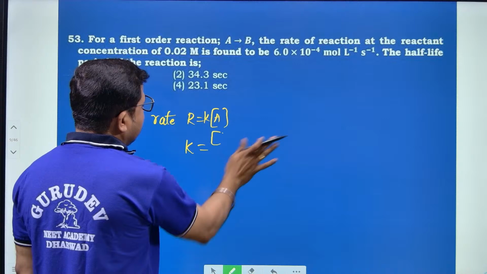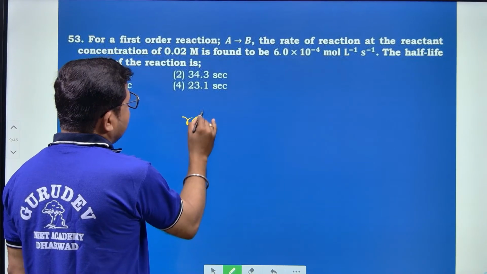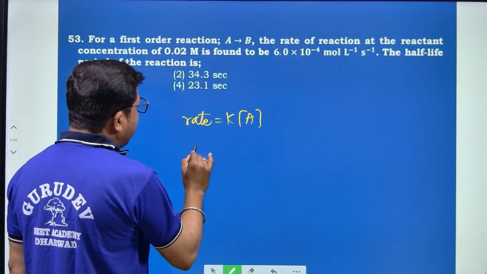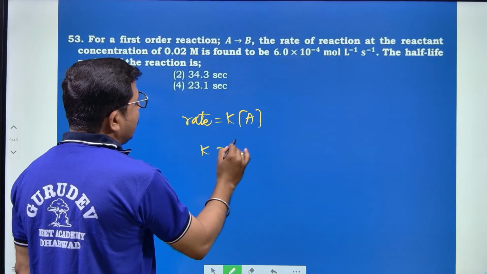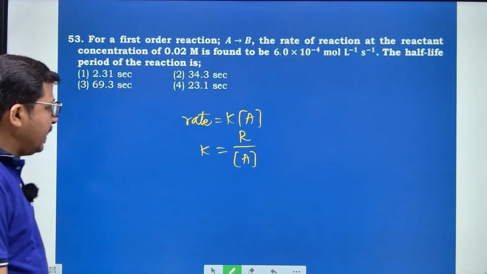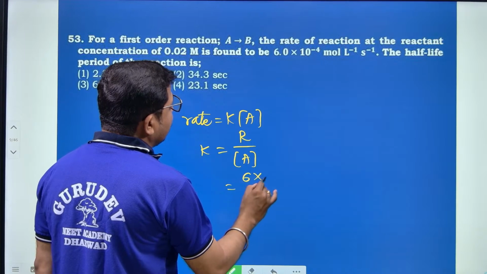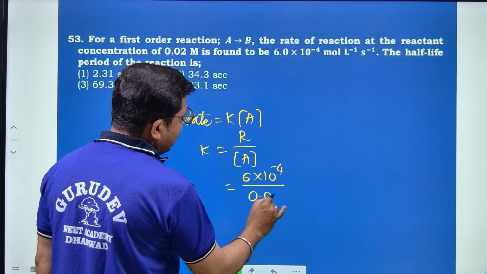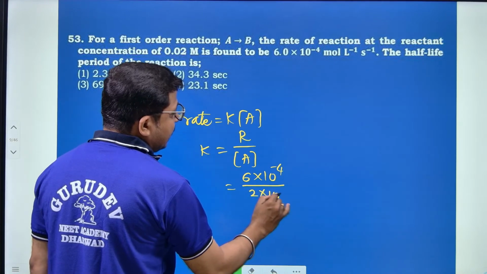So K is equal to R divided by concentration of A. R is given as 6 into 10 to the power minus 4 divided by 0.02, which we write as 2 into 10 to the power minus 2.